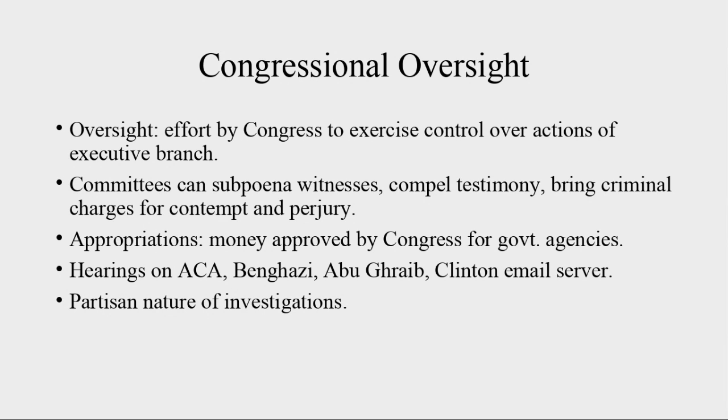One photo of an American soldier dragging a detainee down the hall with a dog leash around his neck. And Congress only spent 12 hours investigating this. The military actually spent more time and punished more people for what happened.